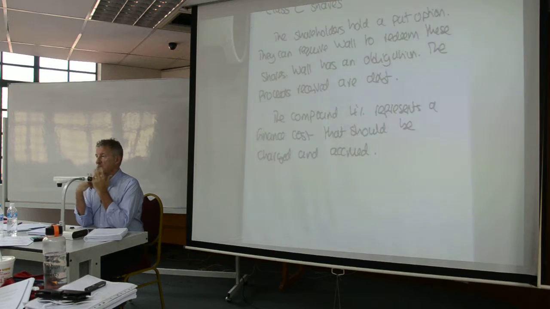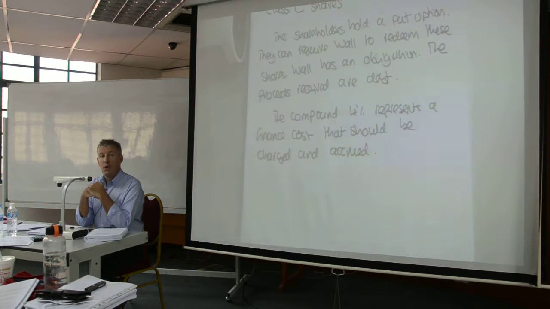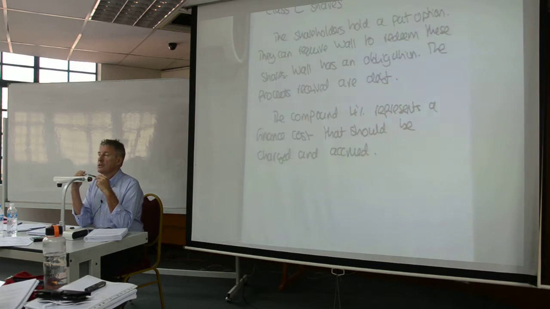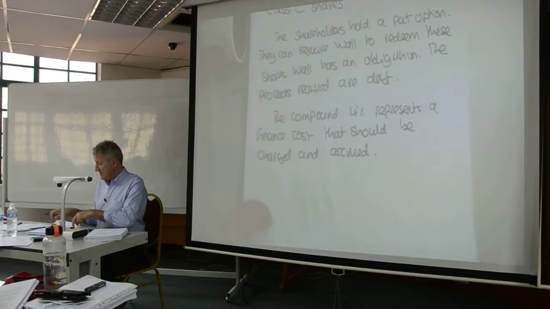If the share price is 1, I will give them 100. If the share price is 2, I will give them 50. If the share price is 25, I will give them 4. So the number of shares is uncertain. The number of shares is variable. If it's variable, it has to be debt. It's only equity if it's fixed and fixed.